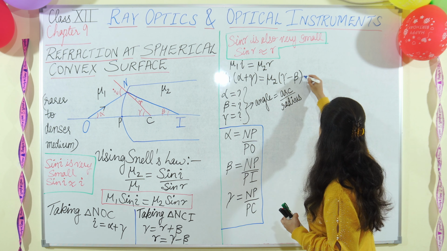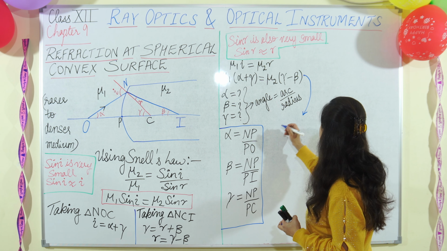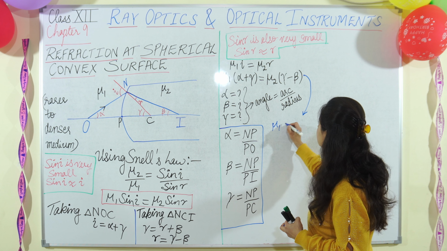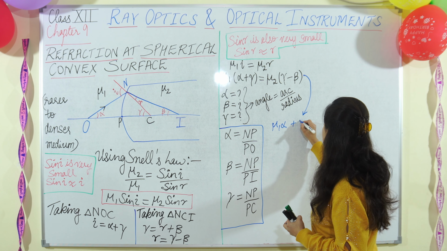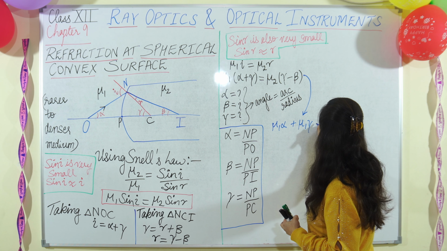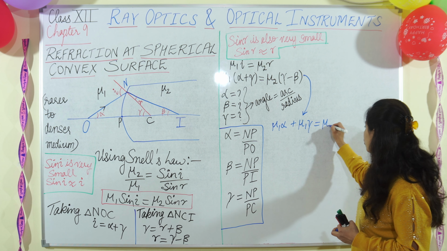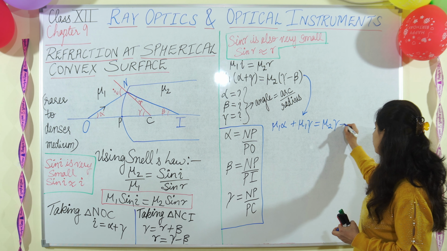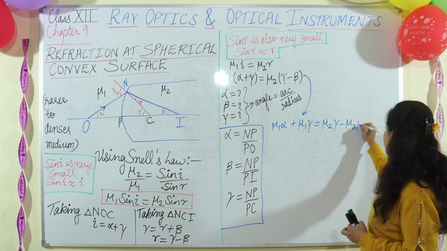So first let us solve it. From here we are getting mu1 alpha plus mu1 gamma equal to mu2 gamma minus mu2 beta.